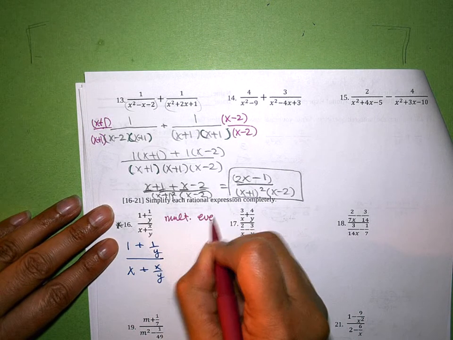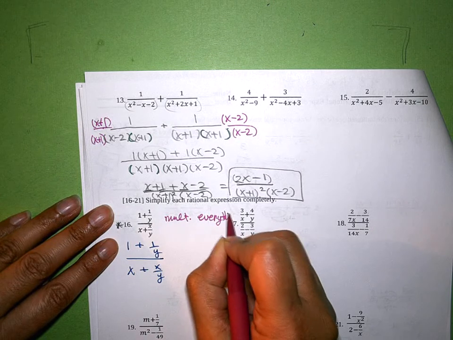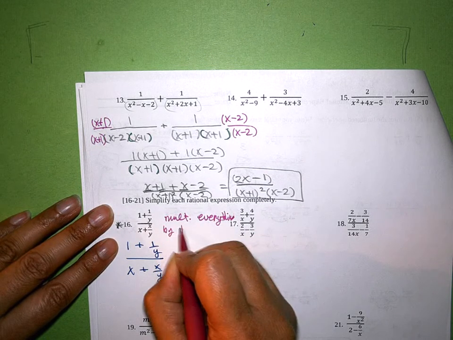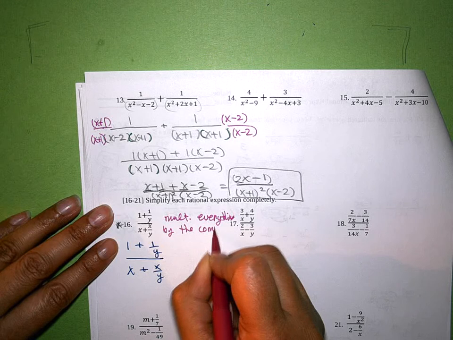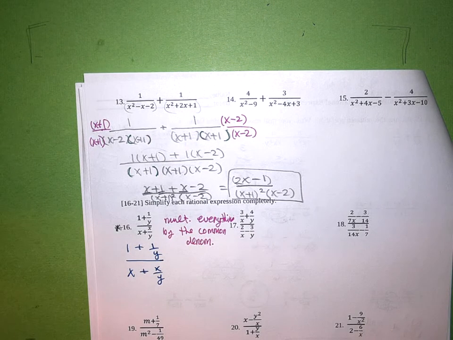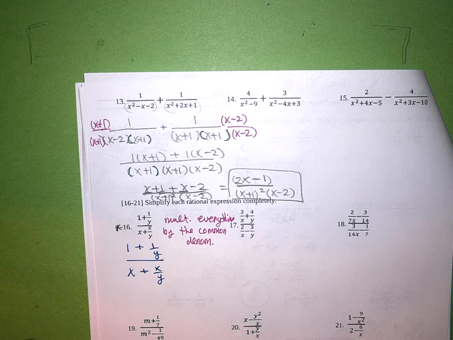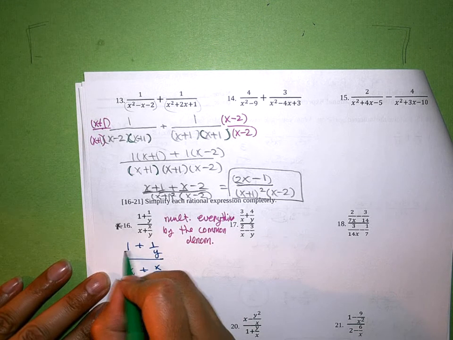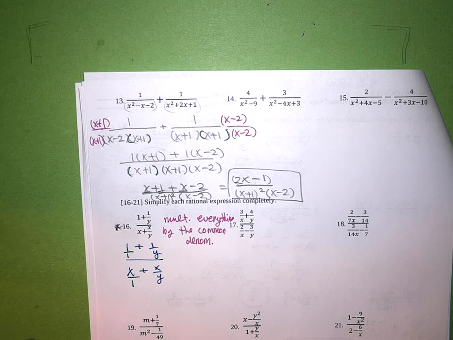Multiply everything by the common denominator. All right, everything. So what you're going to do is you're going to make everything a fraction. I should have said that first. Make everything a fraction. After you make everything a fraction, you look at all four fractions.